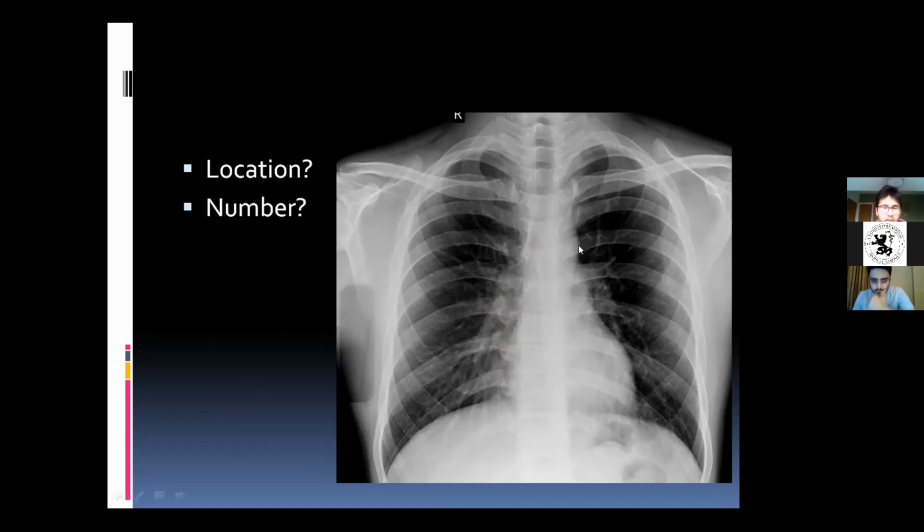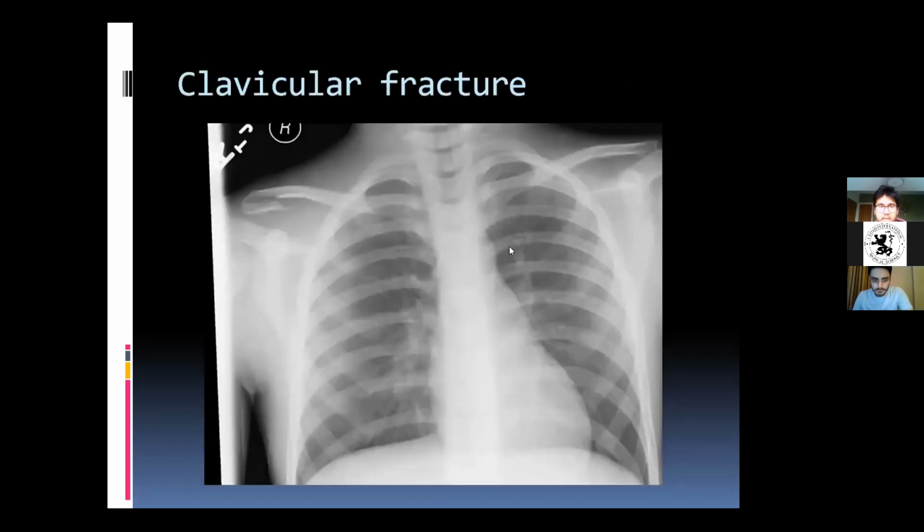Okay, right. Next one. The last thing, and this is very, very obvious, are clavicular fractures, and they're just described based on location. Now, quick question. Is this an AP view or is this a PA view, and why?